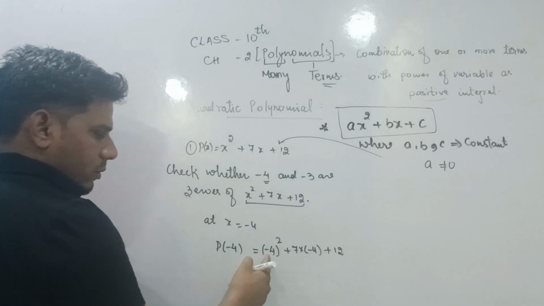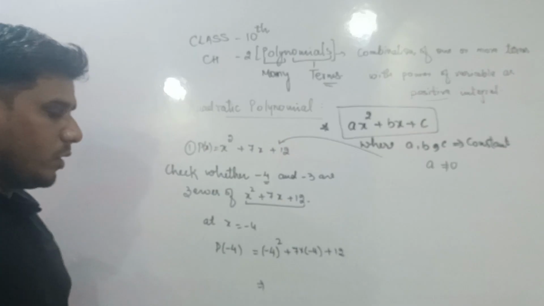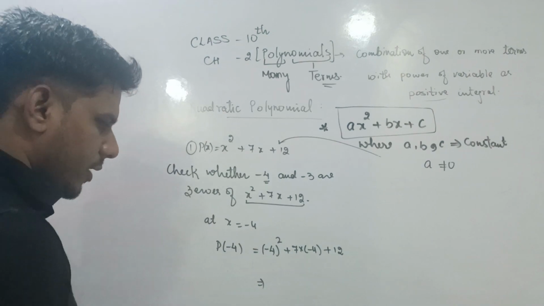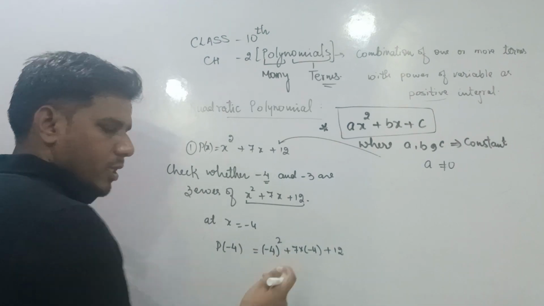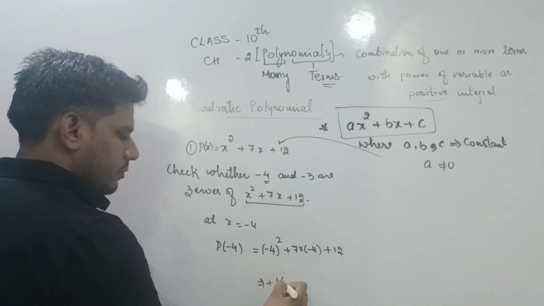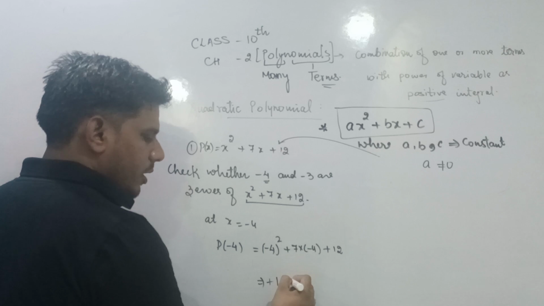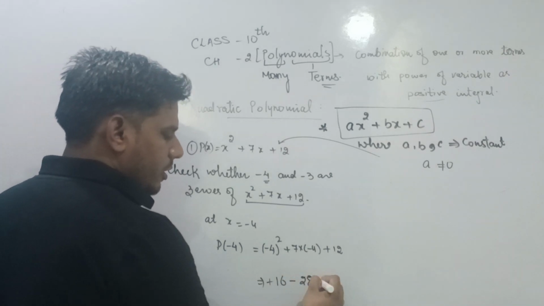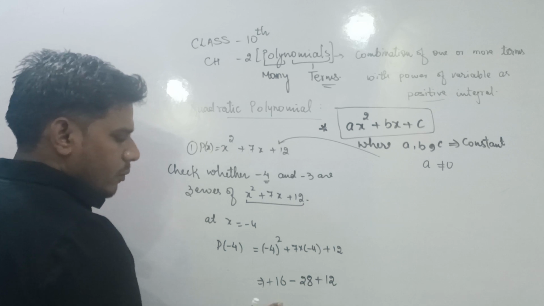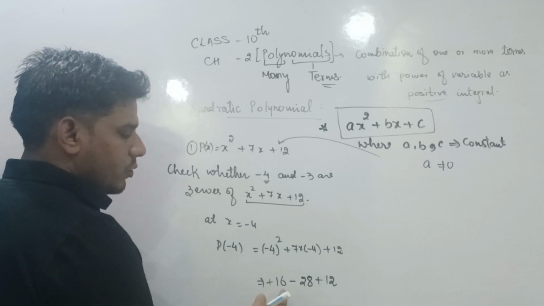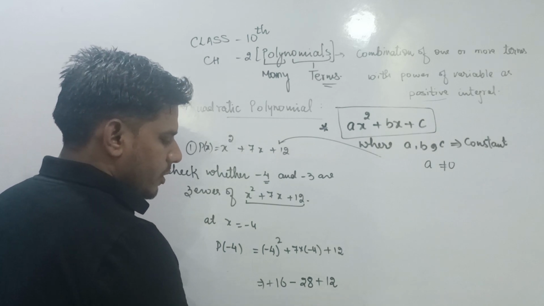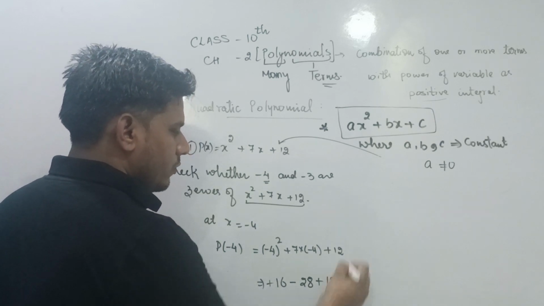Here in the first term we have minus to the power even number. If minus raised to even then it will be positive, and 4 square will be 4 into 4, 16. Plus minus 7 4s are 28, plus 12. So we will have plus 16 and minus 28, plus minus you can do it as minus 12, and the last term is plus 12, so you will get 0.